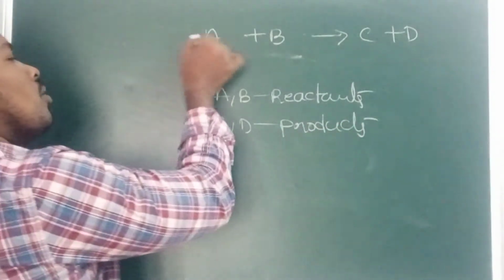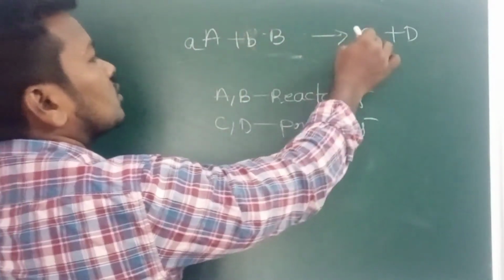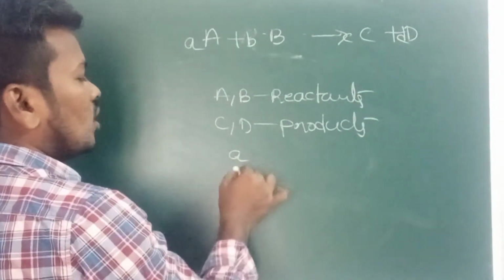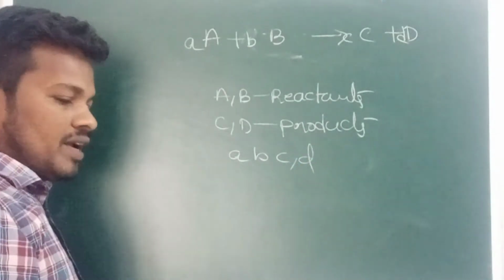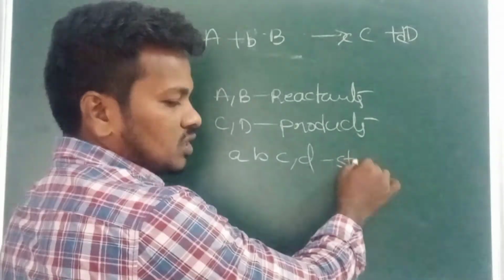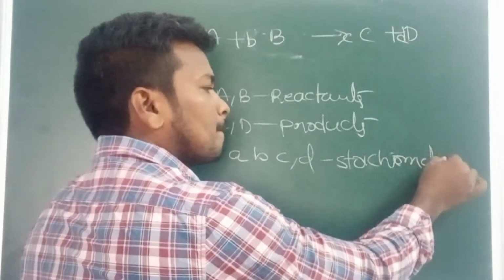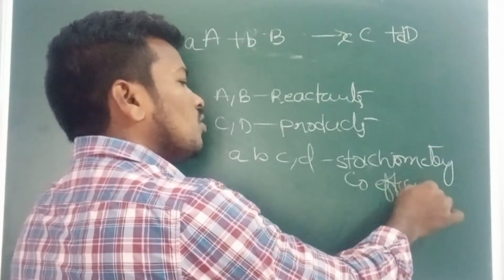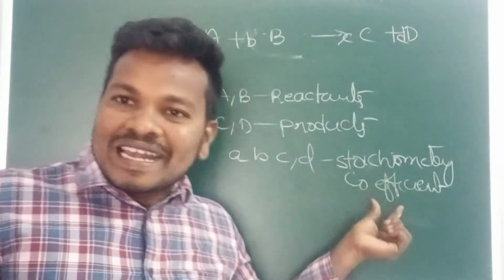Here I am taking small a, small b, small c, small d. What do small a, small b, small c, small d mean? They are the stoichiometric coefficients. Of course, we will consider them as moles also.